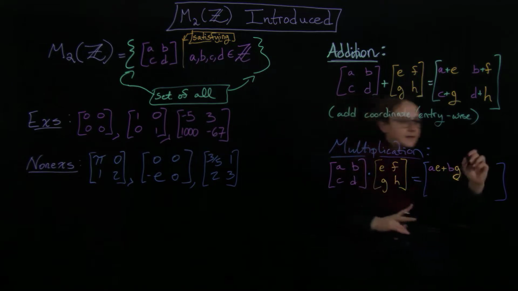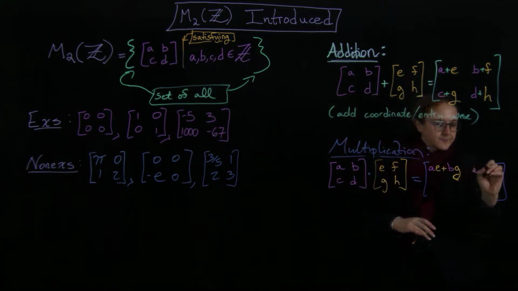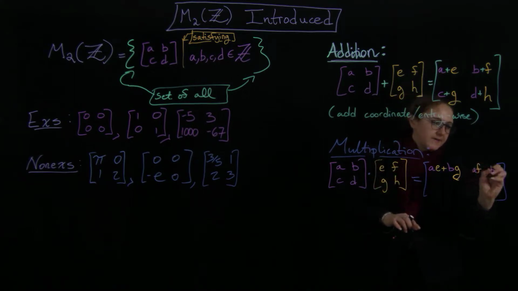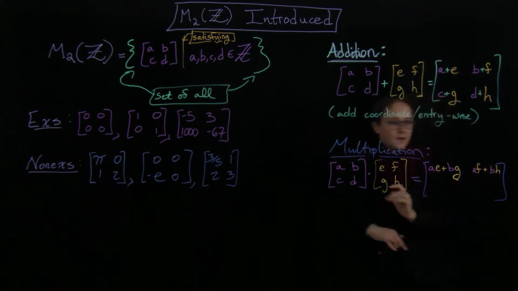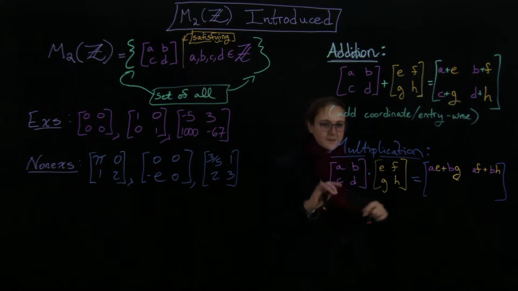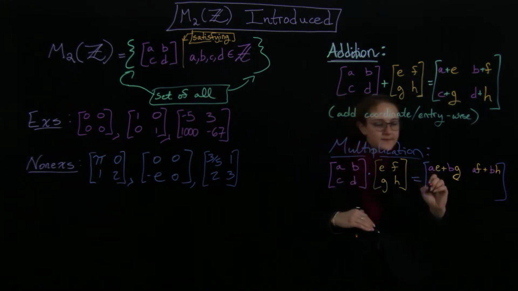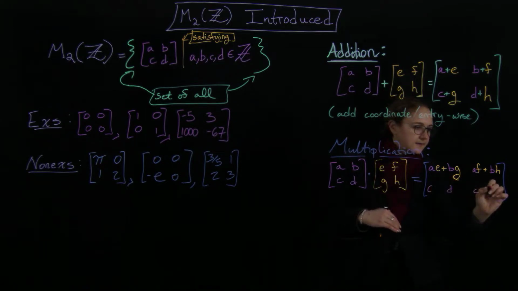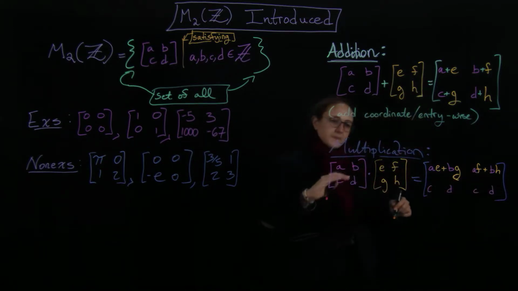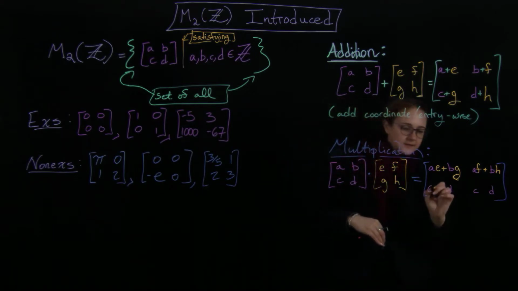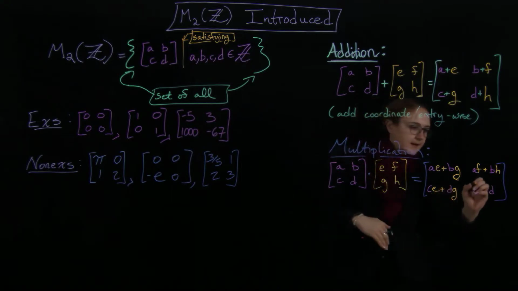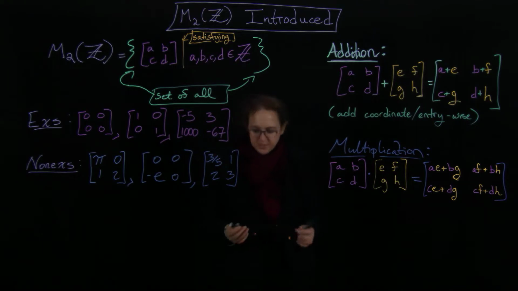So now I have A and B, and now I'm adding, these are multiplied by F and H. And then I have another sliding thing. I'm going to have C and D and C and D. First it slides down the first column, so I get E and G. And then it slides down the second column, so I get F and H. That's just your standard multiplication.